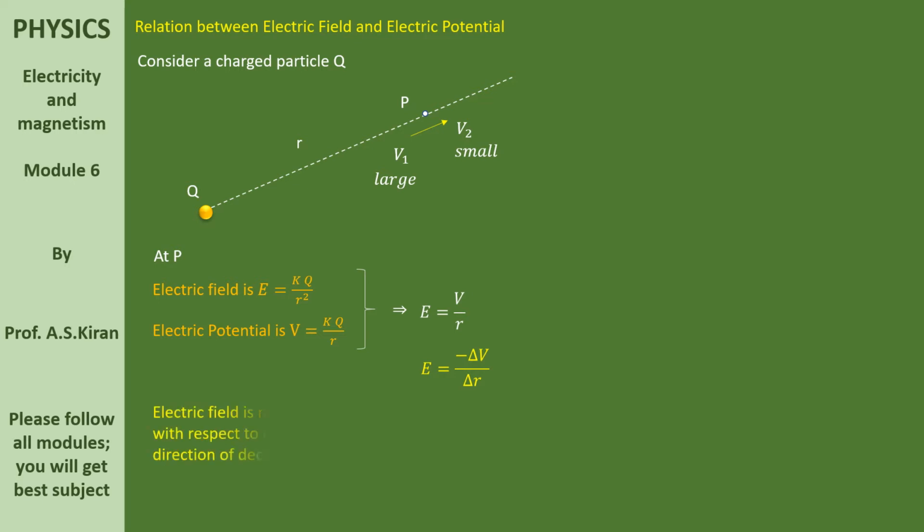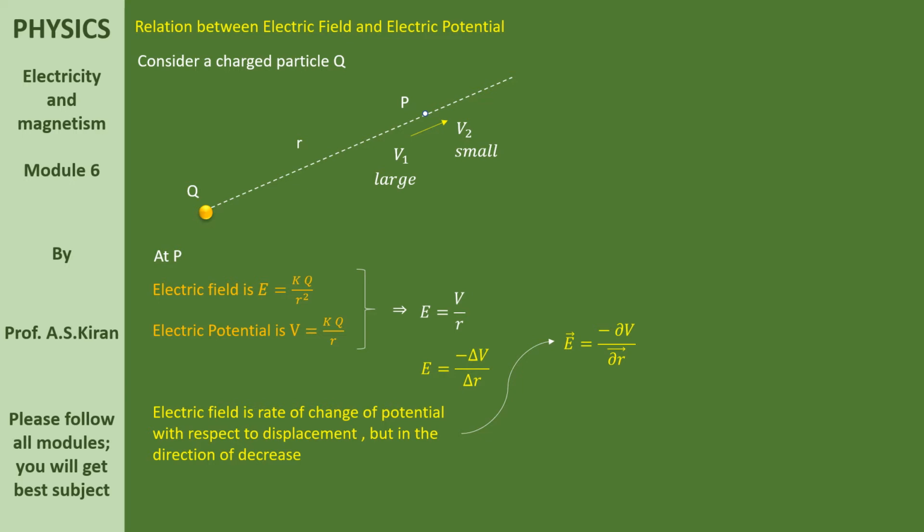Now, electric field is the rate of change of potential with respect to the displacement, but in the direction of decrease. Let us have a more refined form of that formula. Electric field E bar is a vector quantity, we know already.